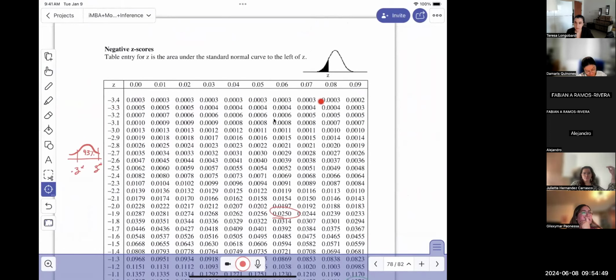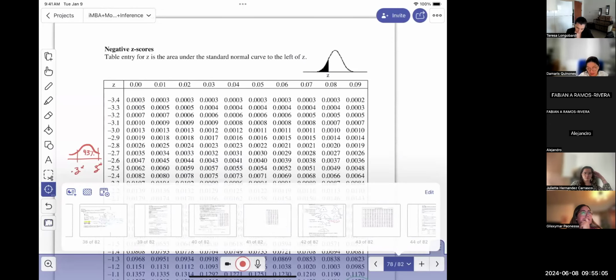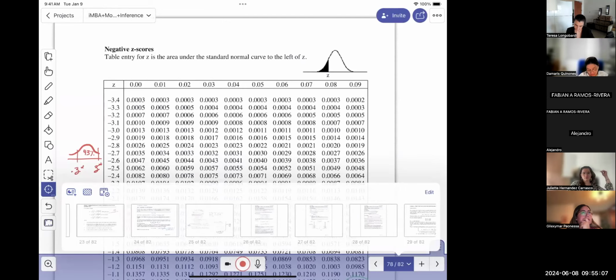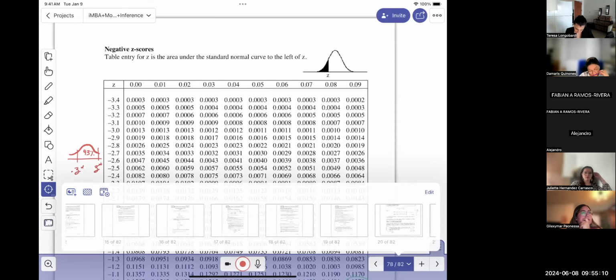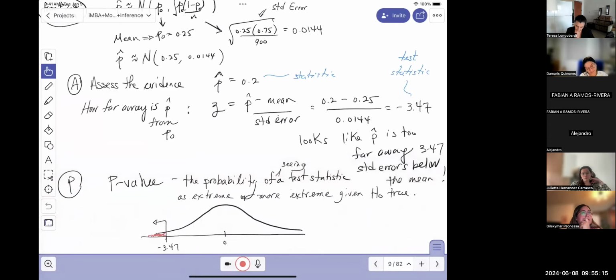It's over here, 0.0003, right? So I'm looking for 0.0003. That's what that is. So what does that mean? What percentage is 0.0003? It's 0.03%. So it's very small.